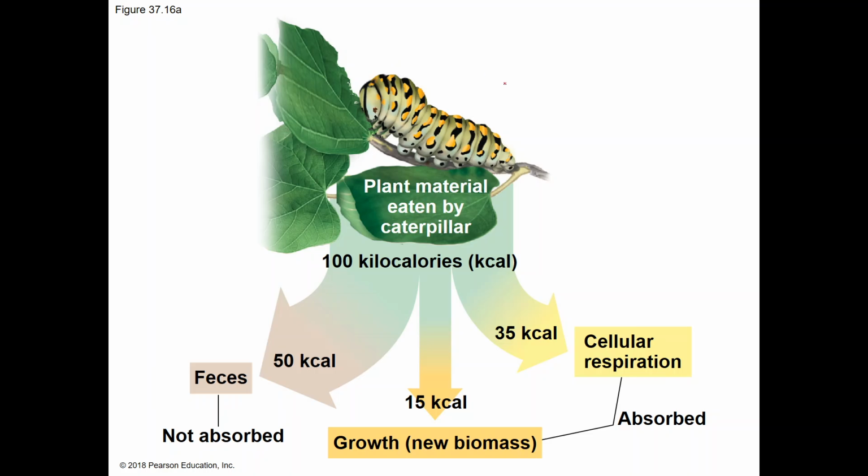Only the chemical energy left over after respiration can be converted into biomass that makes more caterpillar that can then be passed on to the next trophic level to be eaten by something else. So again, about 10% of what the caterpillar is eating becomes more caterpillar that can be passed on to be eaten. The rest is lost as waste material. It goes into just keeping the caterpillar alive, so it's not available for food for the next level.